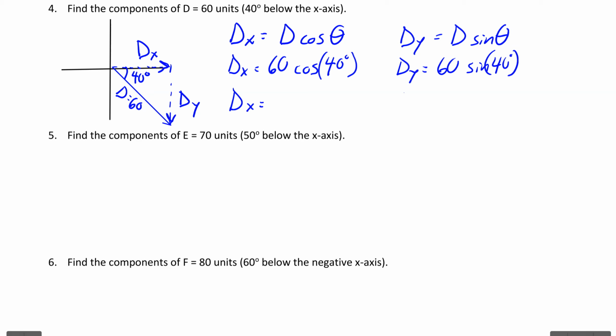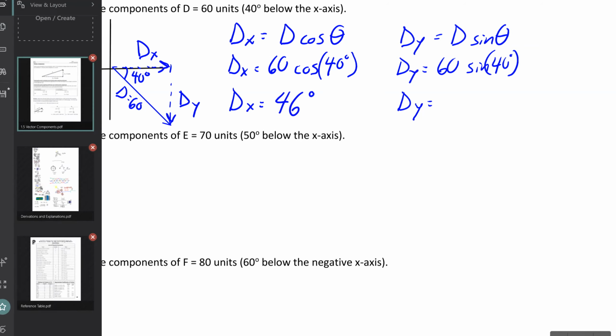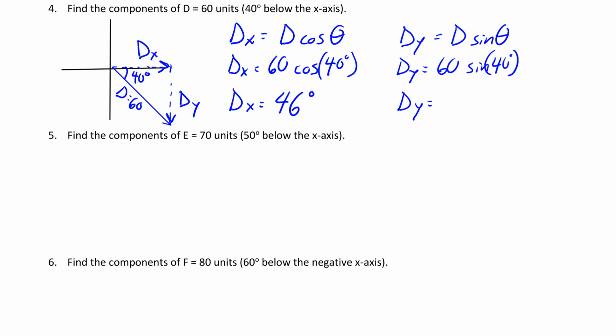So as soon as I verify that I can use the shortcuts by making sure x is adjacent, then it's off to the races and I can start plugging stuff into my calculator. Dx is equal to 46 when you round it, and dy is equal to 38.6. Oh, not degrees, units. Sorry, units.